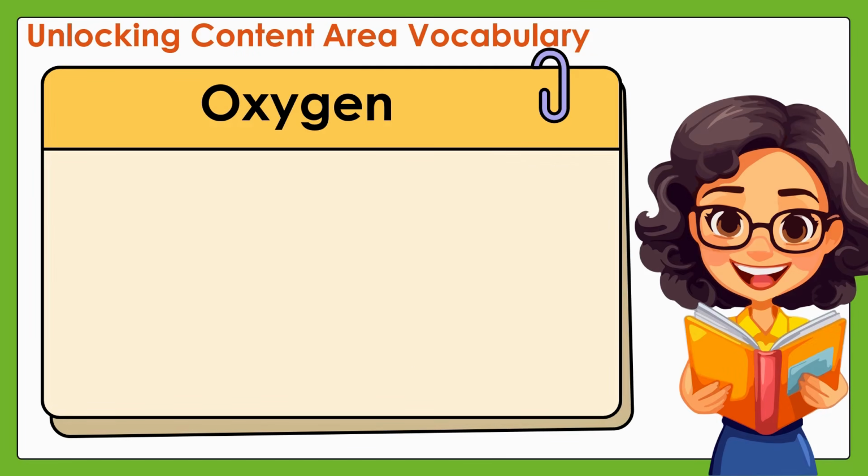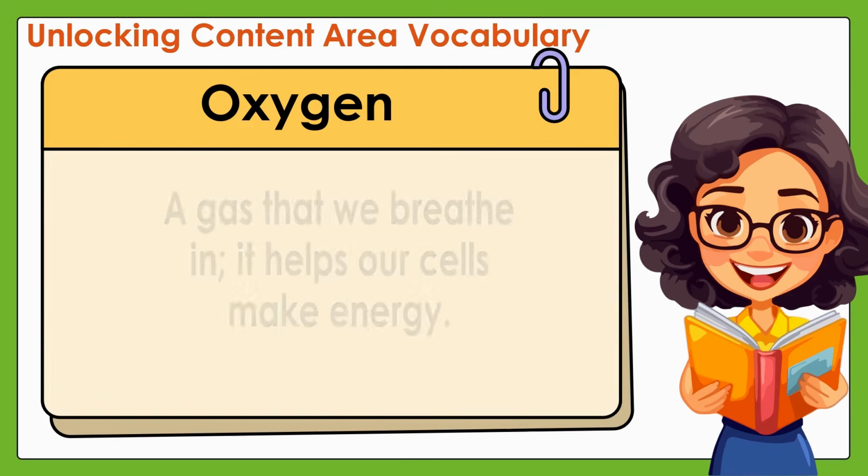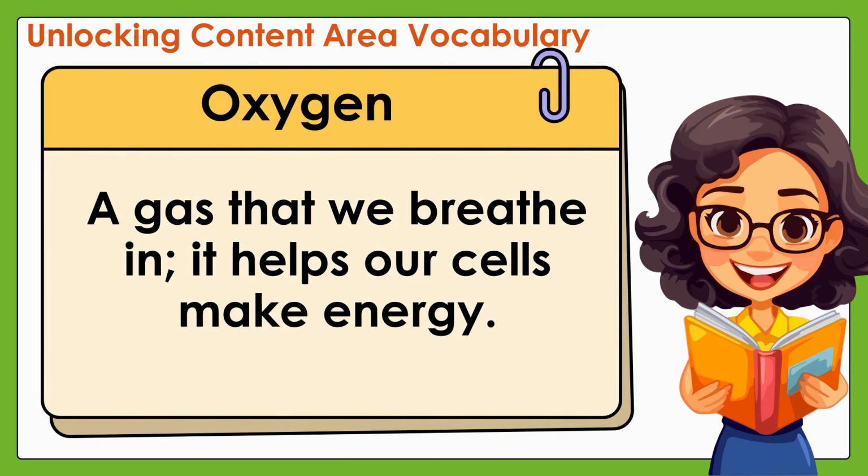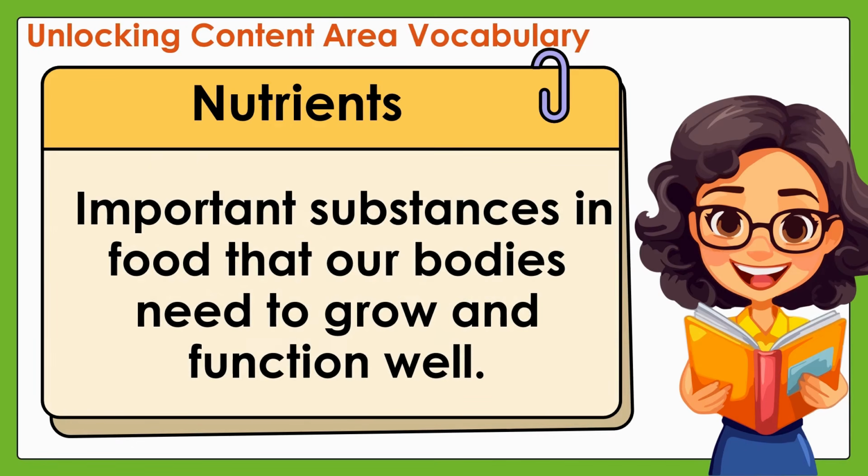Fifth is oxygen. A gas that we breathe in. It helps our cells make energy. Six, nutrients. Important substances in food that our bodies need to grow and function well.